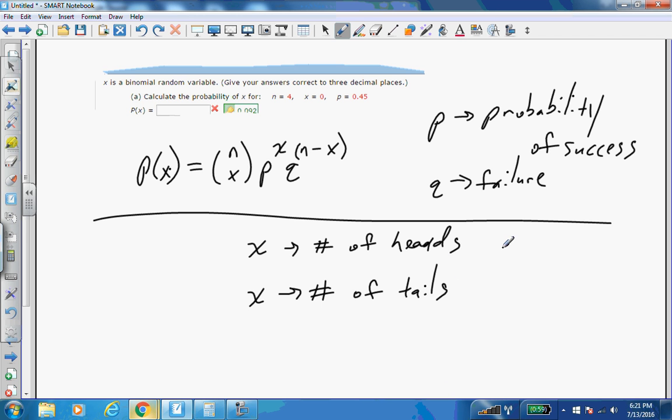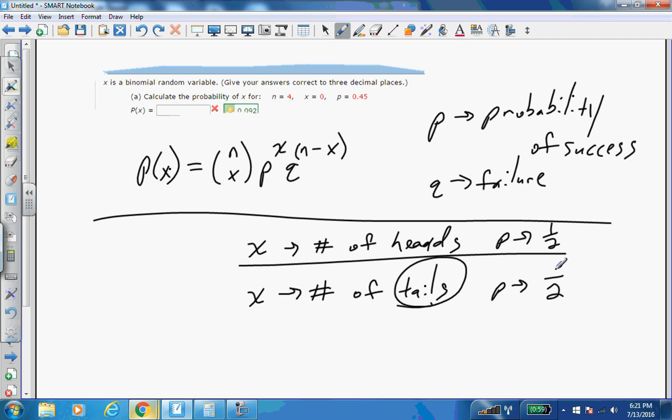So the probability of success for the first situation would be the probability of getting a heads, which if there are two sides, there's one heads. On the second case, the probability of success would be the probability of getting tails, two sides, one tails. Now in this case, they're the same, but I just want to illustrate whatever our random variable is called, having that occur, that's what we mean as success.